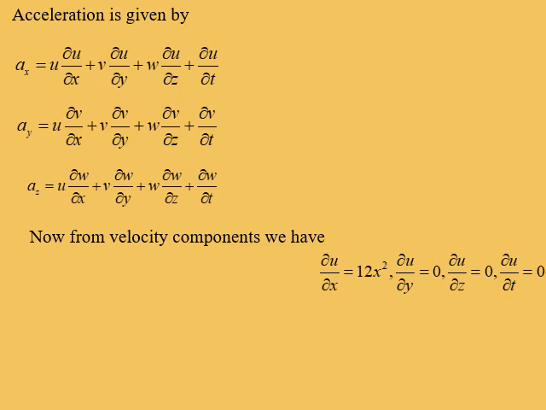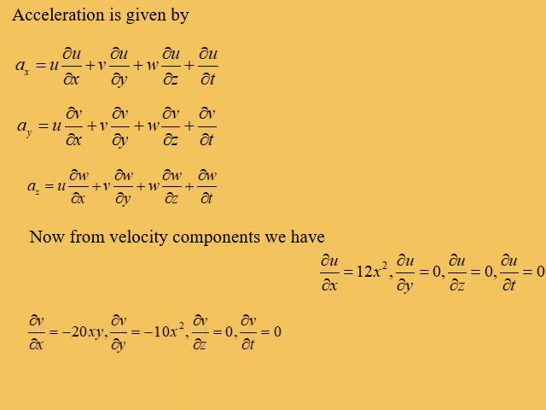Differentiating u with respect to x gives 12x square, and differentiating u with respect to y is equal to 0. Partial differentiation of u with respect to z is equal to 0, and dou u by dou t is also 0.